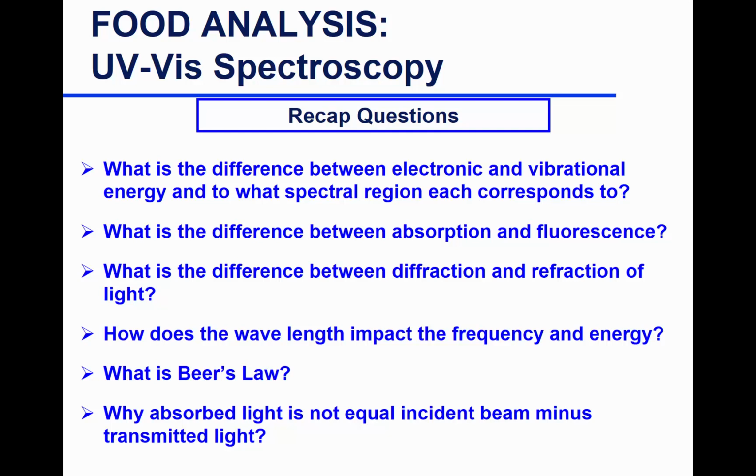With shorter wavelengths, you have more oscillations per unit time, so you have more frequency, and with more frequency, you have more energy. So that's why the incident beam or the excitation energy has higher frequency, shorter wavelength than the emitted energy after excitation, going back to ground state. You will have longer wavelength, less frequency, and less energy.